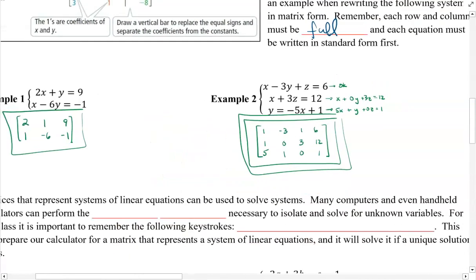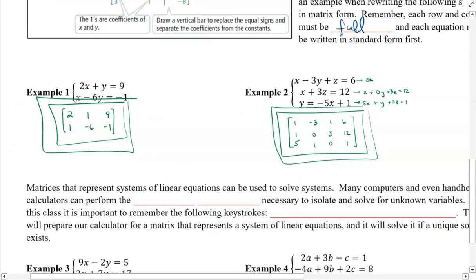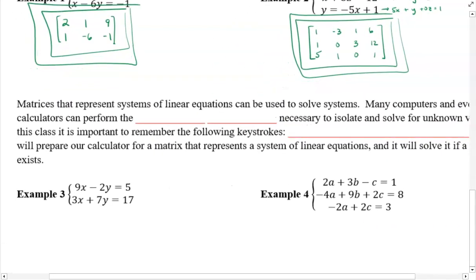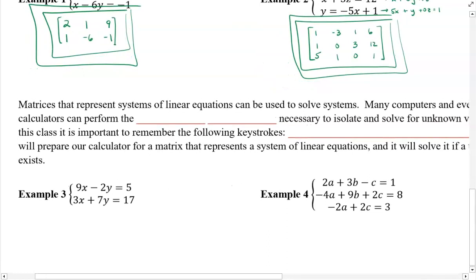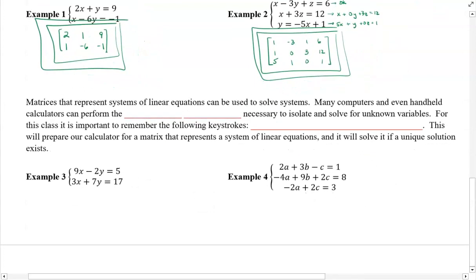Well, now that we've successfully set up the matrices, let's see how we would go ahead and solve them. So again, if we have a matrix that represents a system of linear equations, we can use that matrix to solve the system of equations. Many computers and even handheld calculators can perform the row operations necessary to isolate and solve for unknown variables.